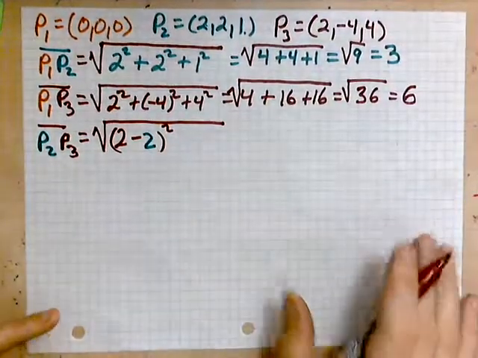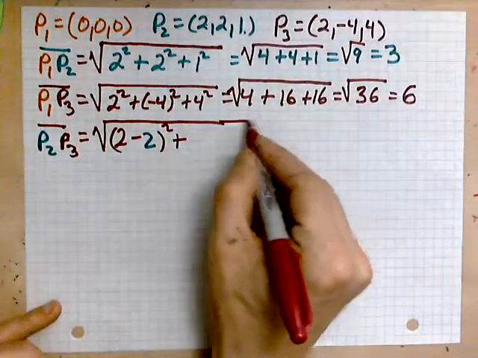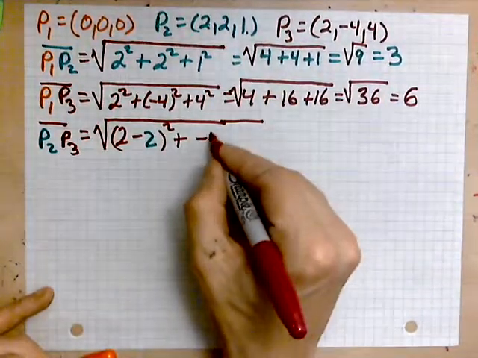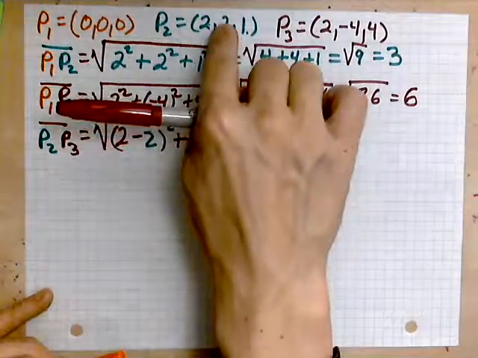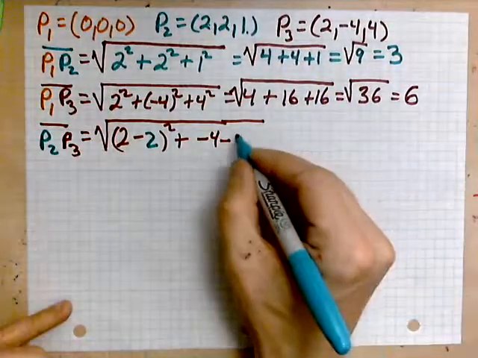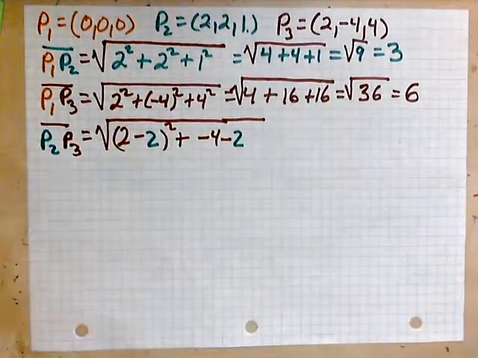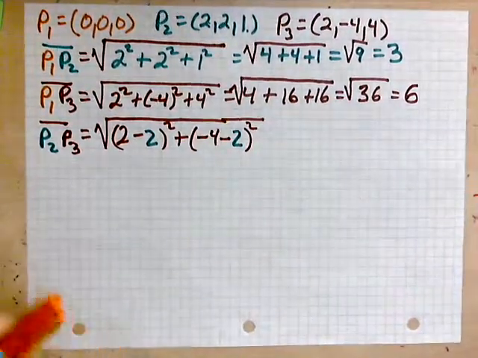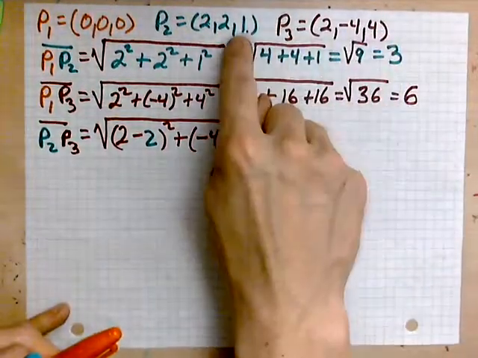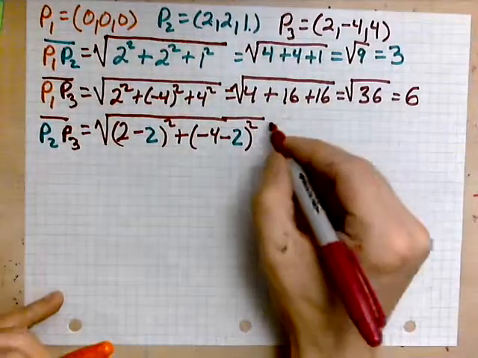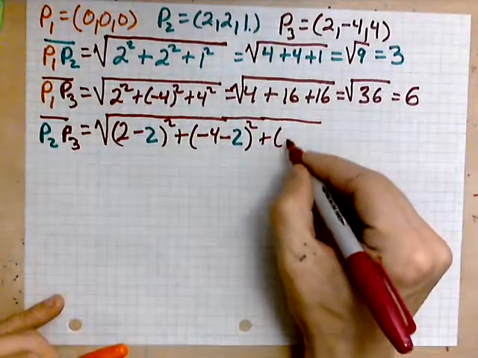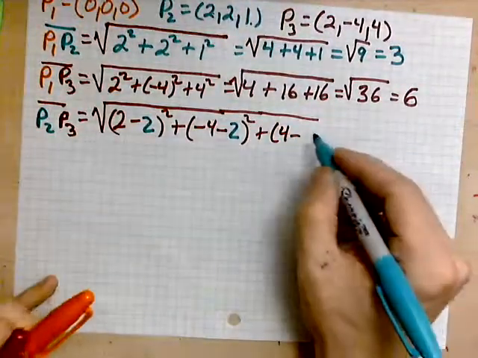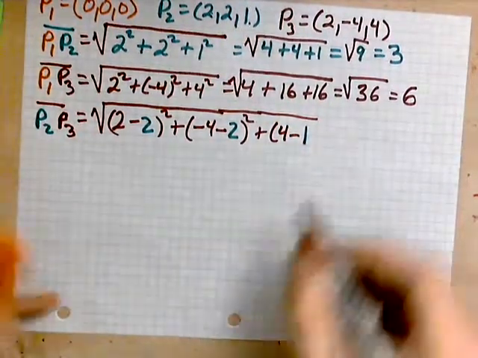Now we add to this the -4 minus the 2, and the whole thing will be squared. And then 4 minus 1, so 4 minus that 1, and the whole thing is again squared.